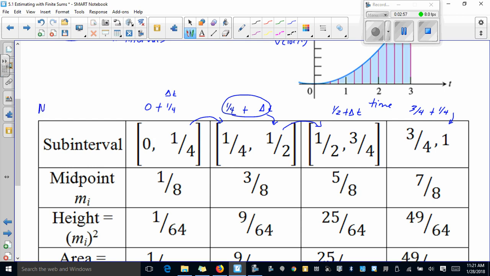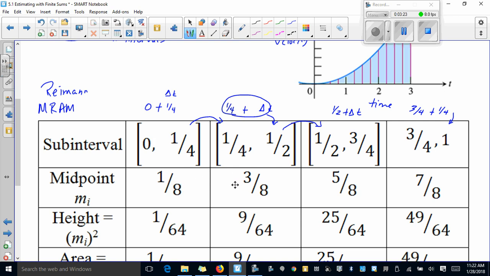You just split 1/4 in half, which gives you 1/8. Then to get to the next one, you add delta t. So 1/8 plus 1/4, which is 2/8, gives you 3/8. And then 3/8 plus 2/8 gives you 5/8, and so on.